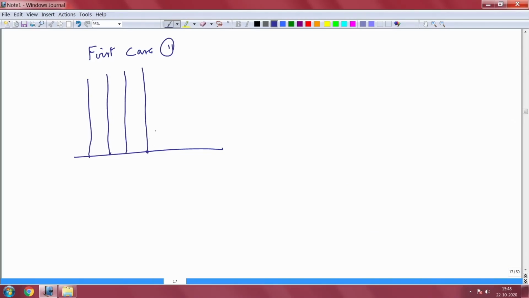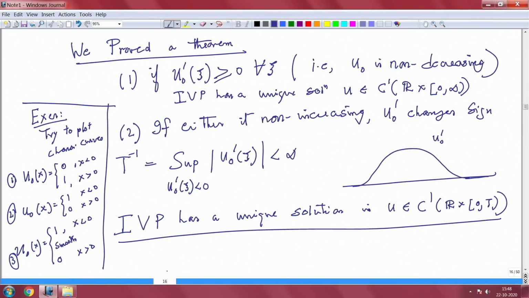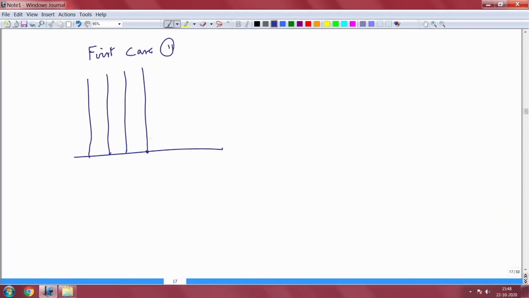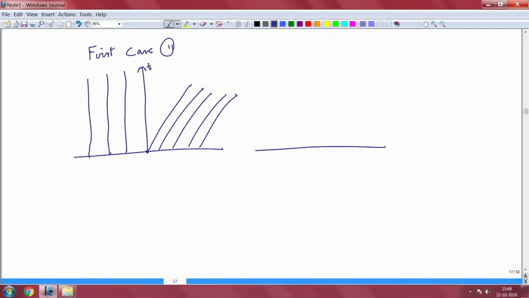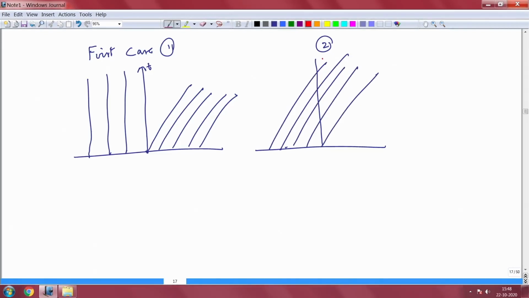After that, 0 and 1. So it is 1 here, after that this is the 0 case. I told you, you have to view it in the t variable. In the second situation, case 2, you will have the other way. The characteristic will be like this for x less than 0. For x greater than 0, the characteristics are like this. You see, so that means the characteristics are interchanging.